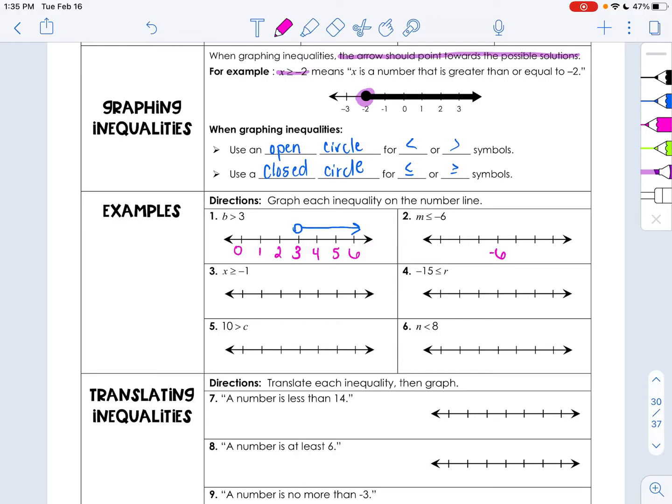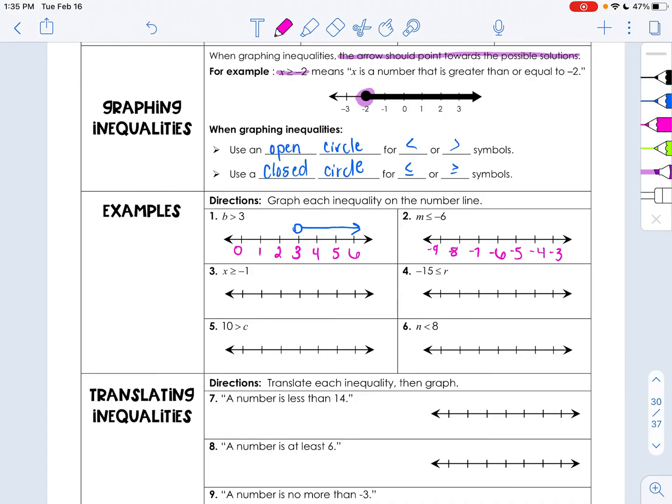A lot of times we get mixed up on what numbers are to the left and to the right when we're on the negative side of 0. The numbers to the right, getting bigger, would be -5, -4, and -3. To the left, getting smaller, would be -7, -8, and -9.